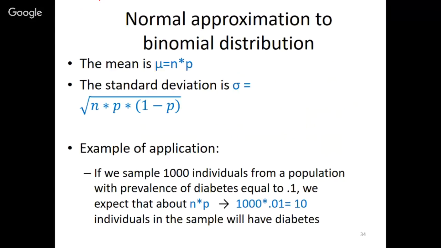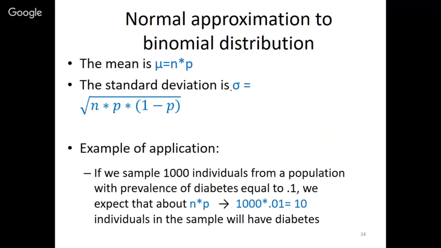As you guessed, the binomial distribution can be approximated by a normal distribution with a mean of n times p. That's how we noticed that the middle of it was the number of trials times the probability of success in each trial. And the standard deviation is the square root of n times p times 1 minus p.